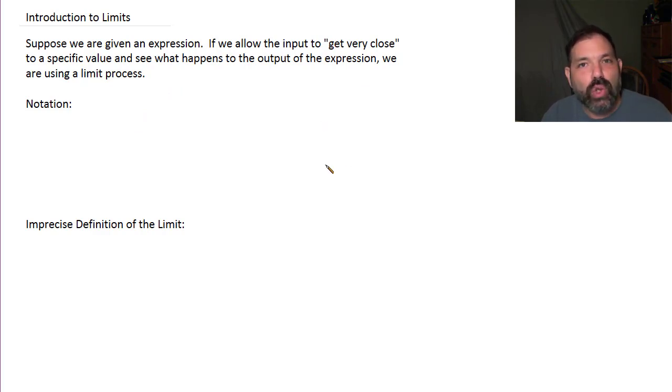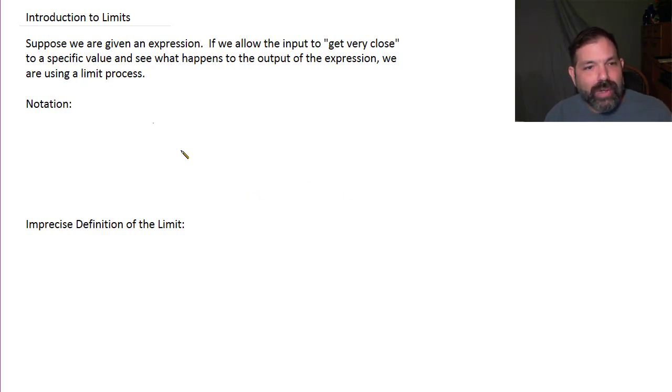You might have an intuitive understanding of what it means to get very close, but to a mathematician, that intuitive understanding is very different from a precise definition. We're not going to worry so much about the precise definition in this course. If you're a math major, you're going to take an advanced calculus course where you're going to have to deal with that precise definition. But for our purposes, we're not going to worry too much about that.